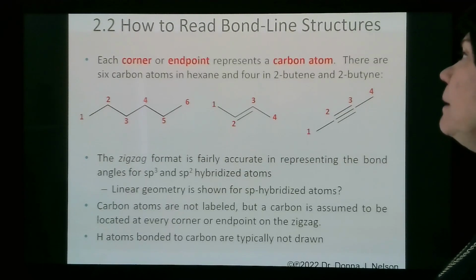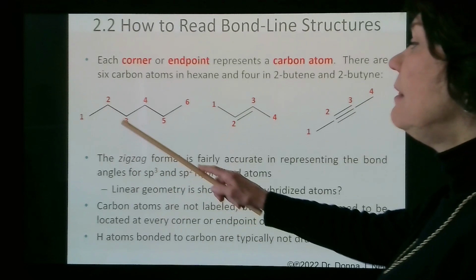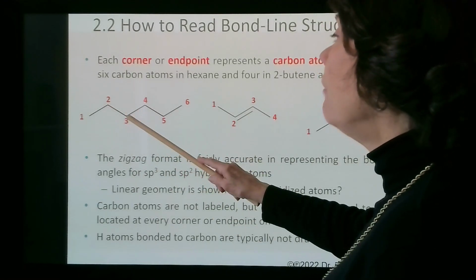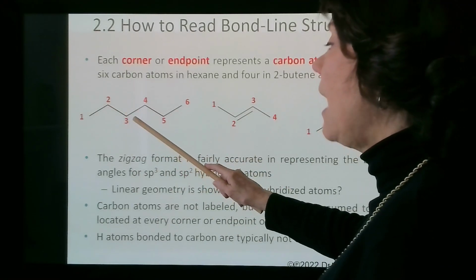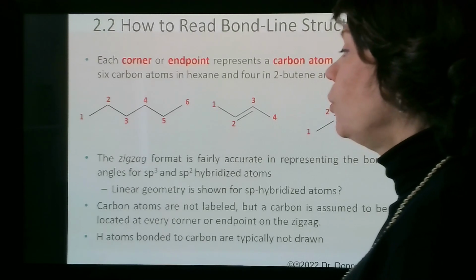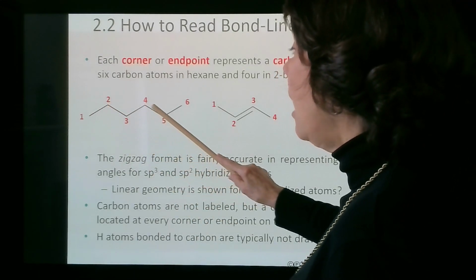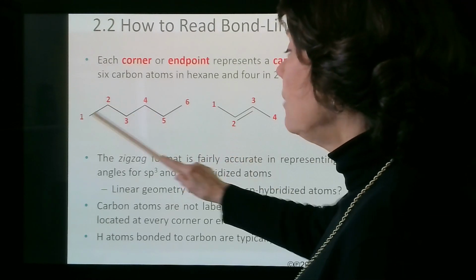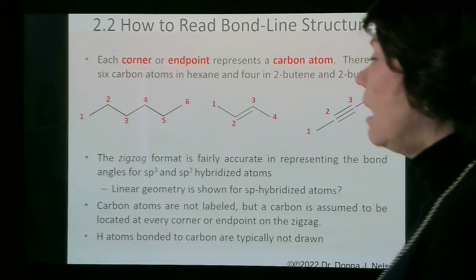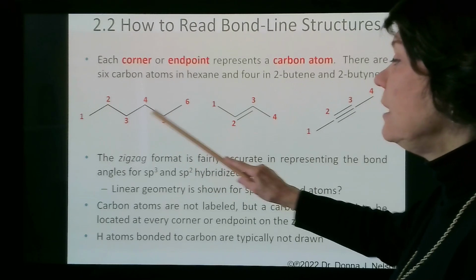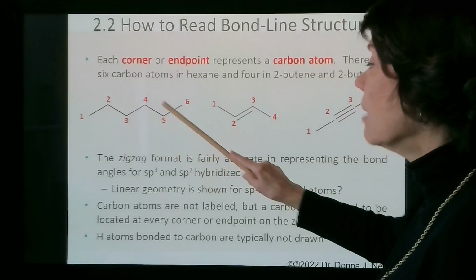So how to read bond line structures. This is a bond line structure for just hexane, a relatively simple molecule. And you'll see that there's a carbon at each corner or end point. At each of the vertices, there's a carbon, carbon, carbon, carbon, carbon, carbon.